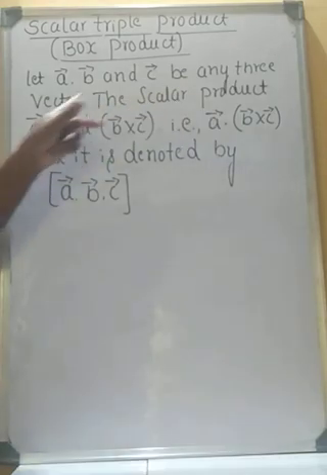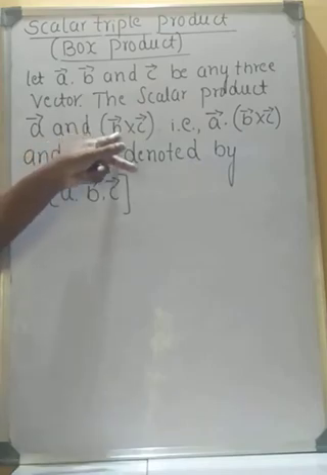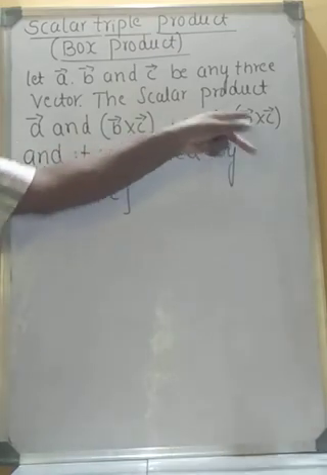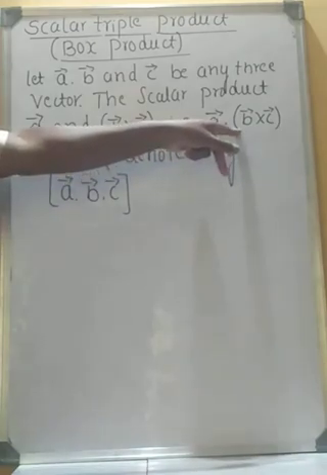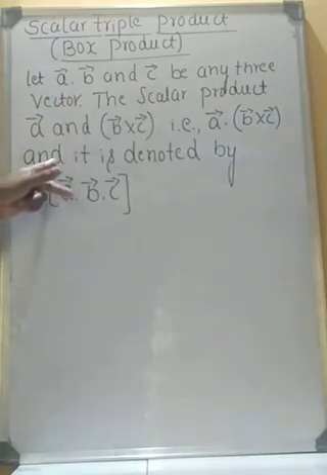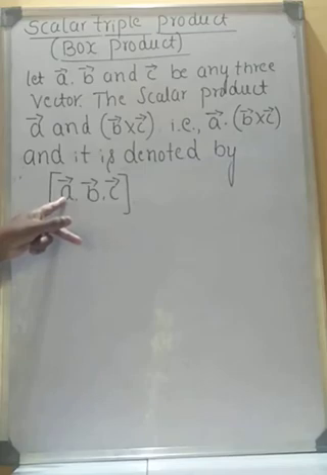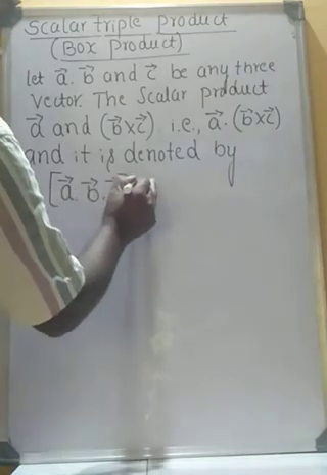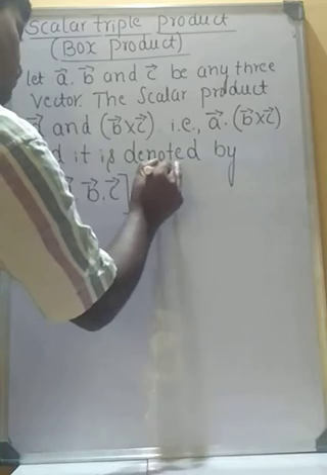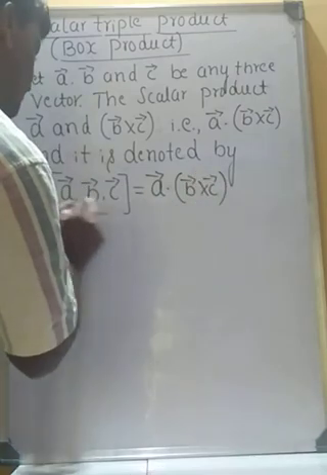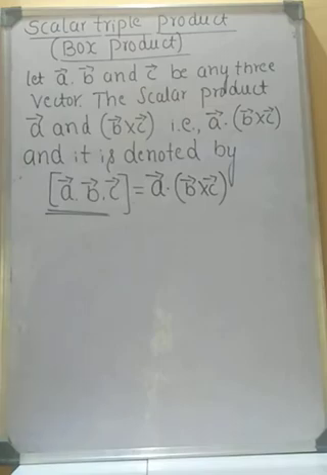The scalar product of vector A and vector B cross C, that means vector A dot B cross C, is called the scalar triple product of vector A, vector B and vector C in this order, and that is denoted by the box product of vector A, B, C, equals vector A dot vector B cross C. This is the scalar triple product definition.